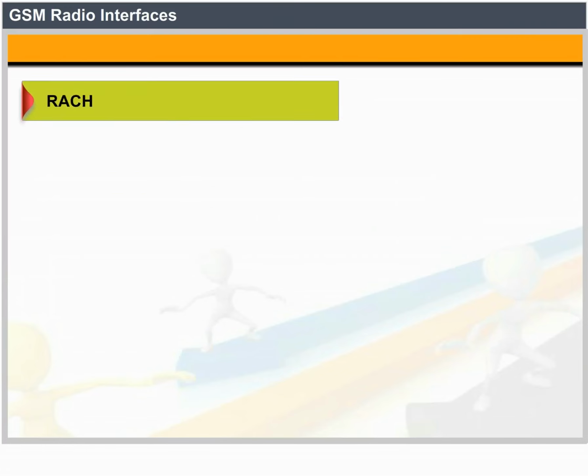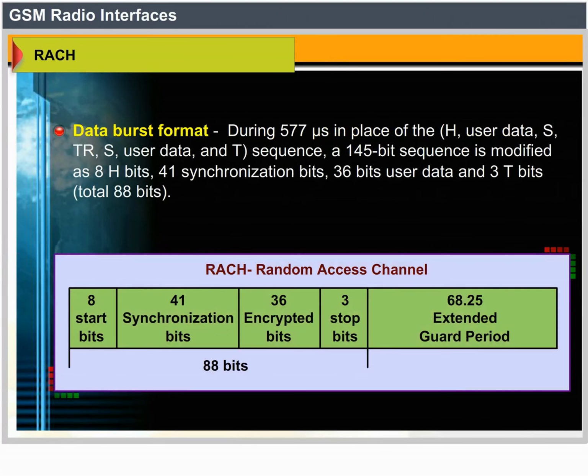RACH data burst format during 577 µs in place of the H, user data, S, TR, S, user data and T sequence. A 145-bit sequence is modified as 8 H bits, 41 synchronization bits, 36 bits user data and 3 T bits, total 88 bits.